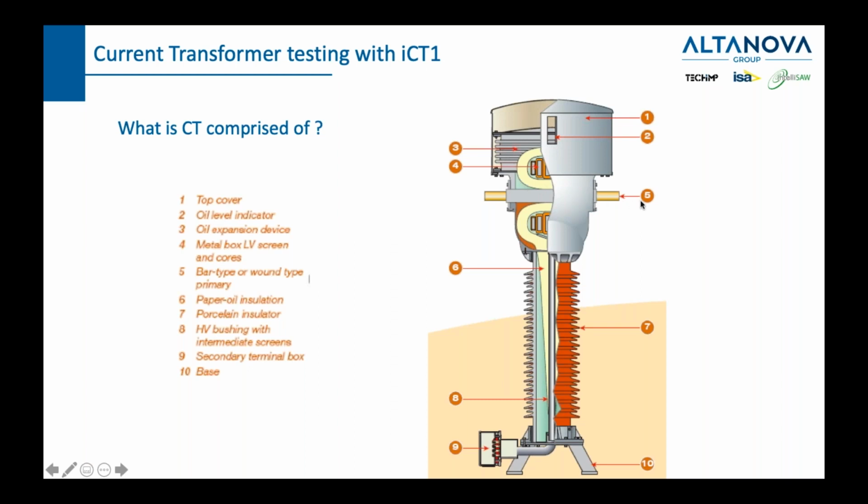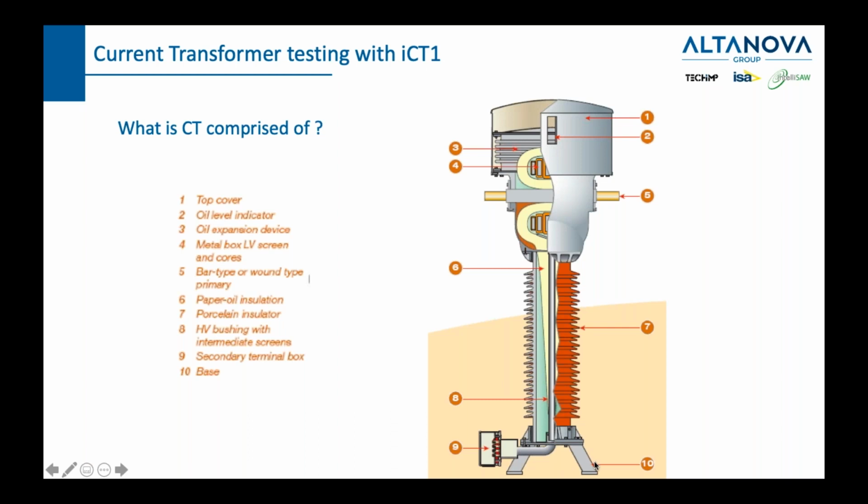And then we have here the connection of the primary side. This is where we physically connect your line. Then we also have insulation, paper oil insulation, a porcelain insulator, and also a high voltage bushing with intermediate screens. And at the end, we have again the box where we connect the secondary side and also the base.